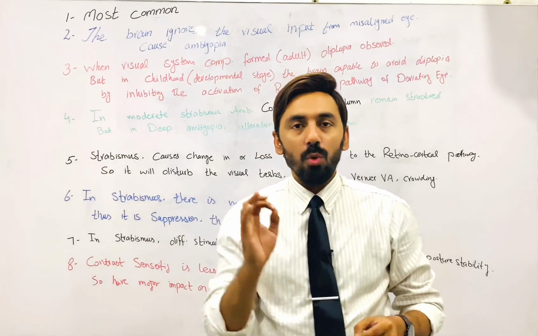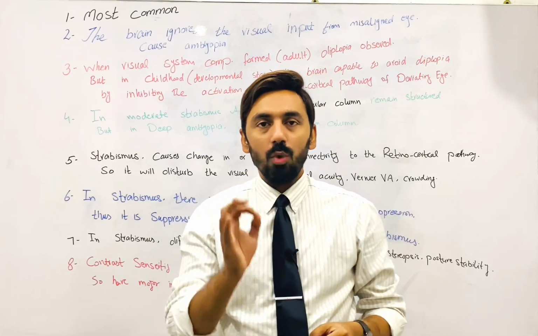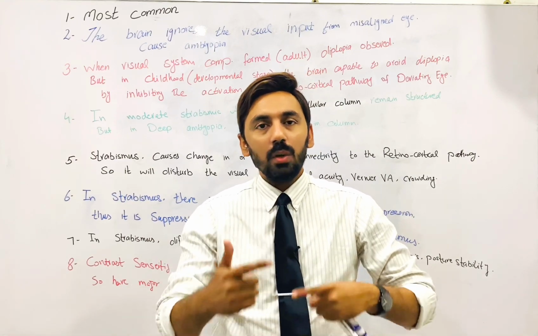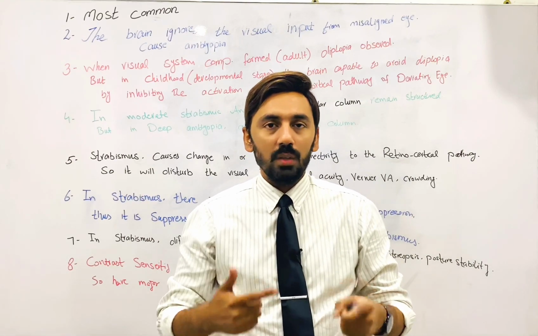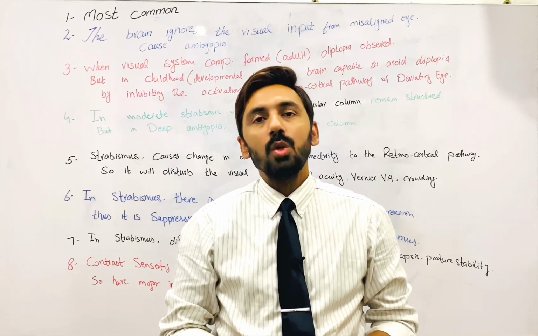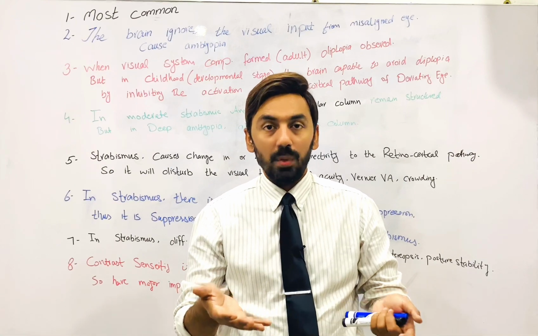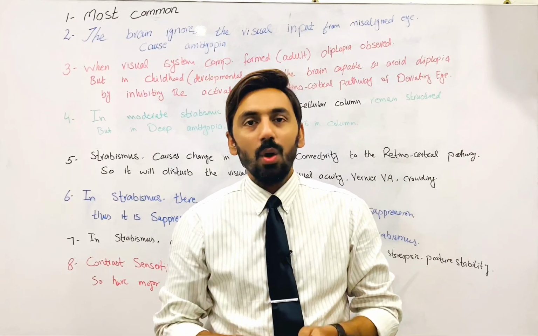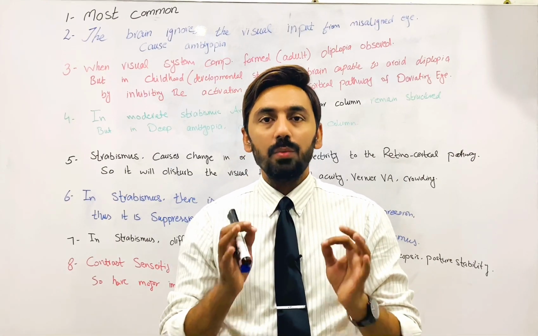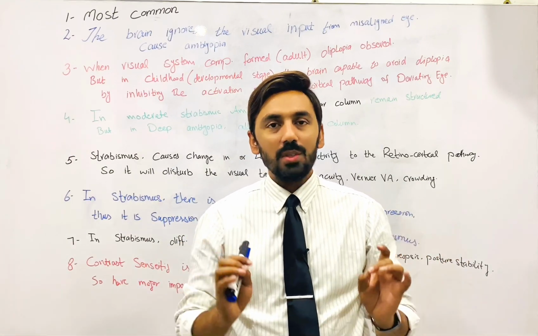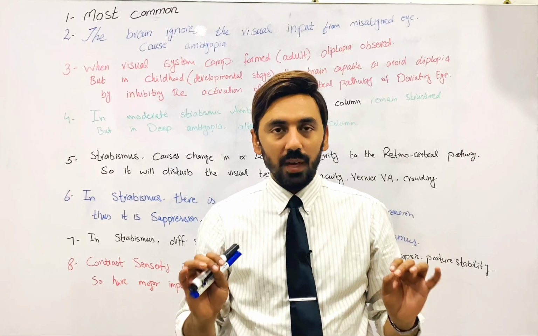So the fovea in the misaligned eye is not receiving the proper image, so your brain will ignore that eye, right? So in this case, the patient will face diplopia in adulthood. Why? Because in adulthood, the whole visual system is completely formed, right?